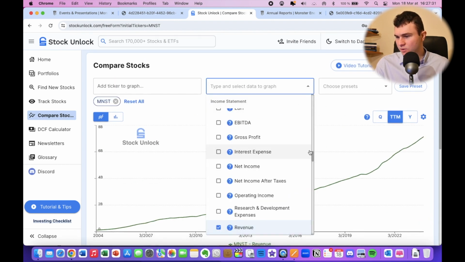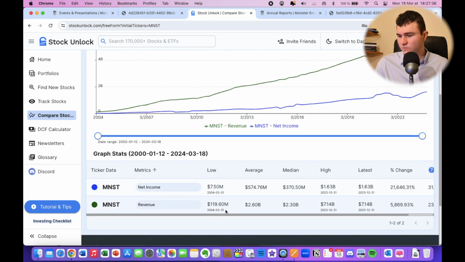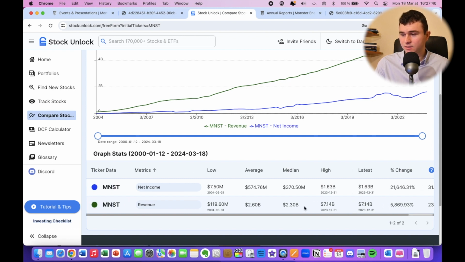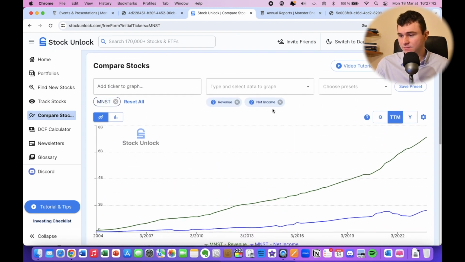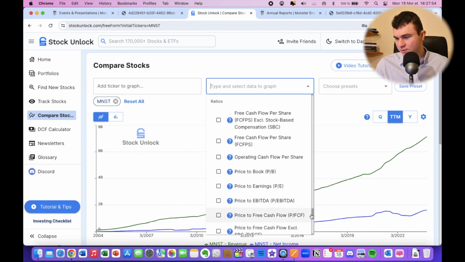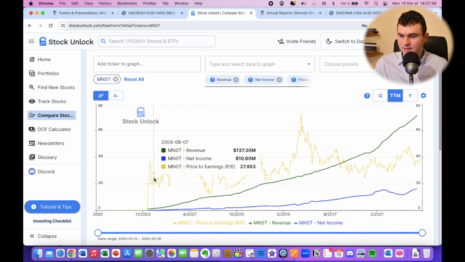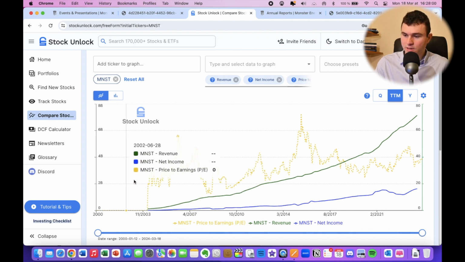Let's see, what do we have here? If you want net income, net income has grown 31% per year for 20 years. If you want to see the PE ratio for 20 years, this is the line in yellow. I don't know why you don't have the data here.